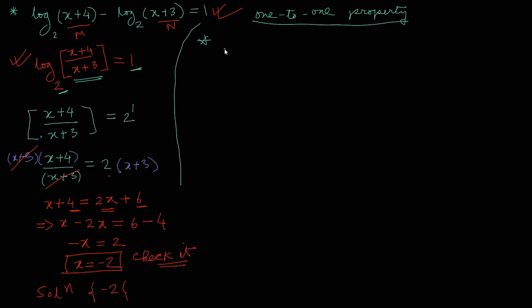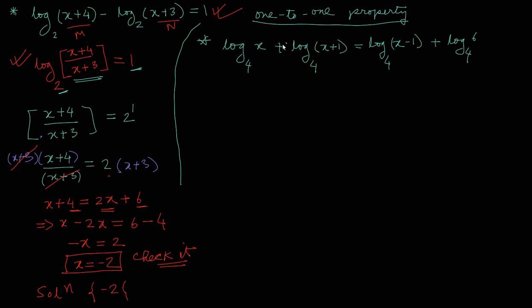Let's say I have a logarithm of x base 4 plus a logarithm of x plus 1 base 4 equal logarithm of x minus 1 base 4 plus logarithm of 6 base 4. Okay, so these are my logarithmic expressions.